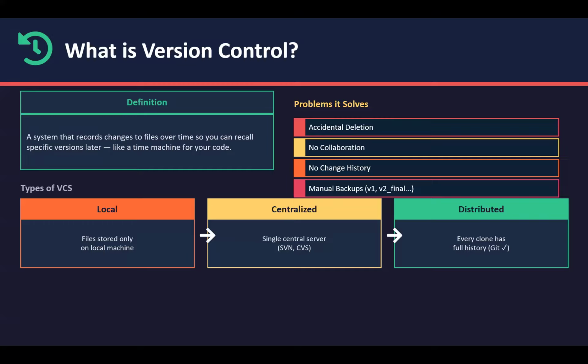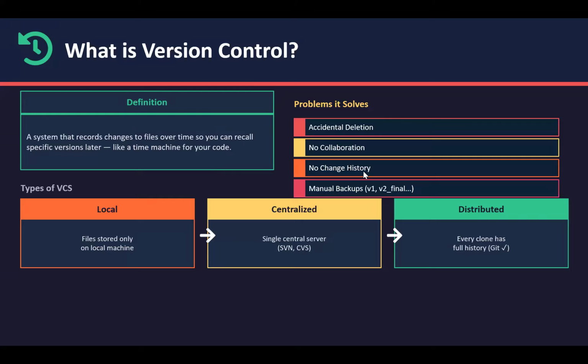Suppose you hire a new developer who doesn't know how to code, and he directly starts making changes in the main code of your software. That is not good, right? Before changes are made to the main code, you should review them. That's why no one can directly change the main code.